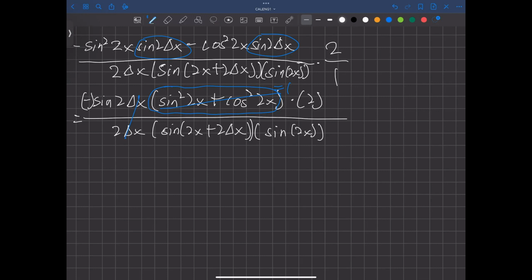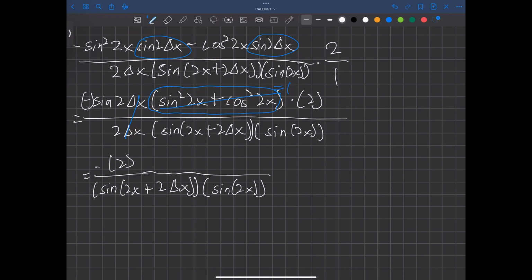Now we will be left with negative 2 over sine 2x plus 2 delta x multiplied by sine 2x.